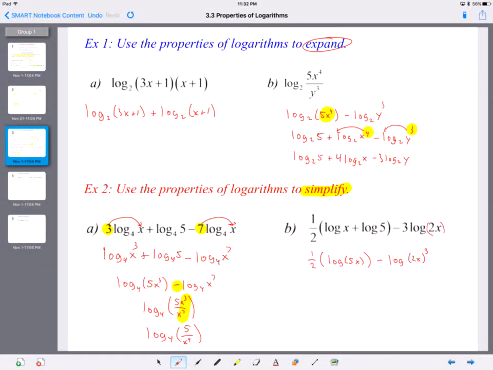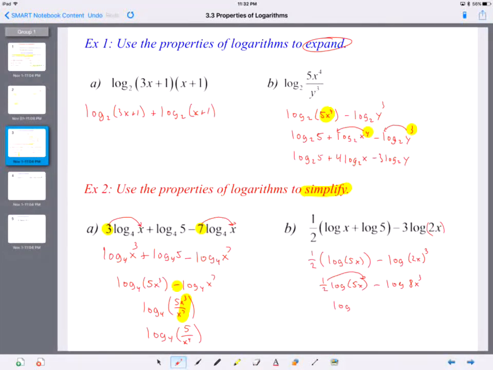So now we have 1/2 log of 5x minus log of 2x to the 3rd. So that's 8x cubed. This 1/2, once again, we're going to have to move it to the exponent.